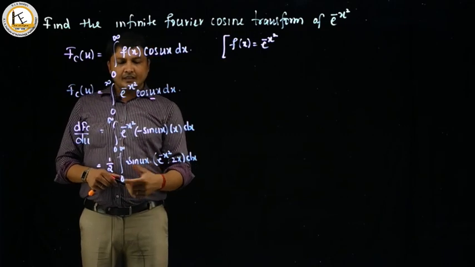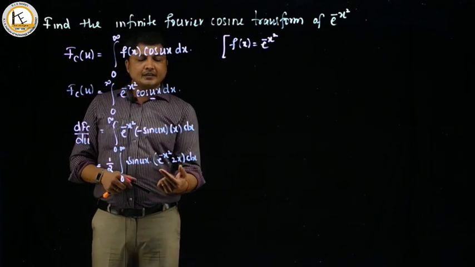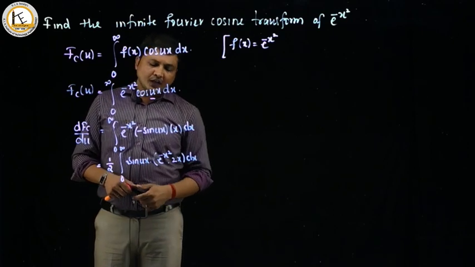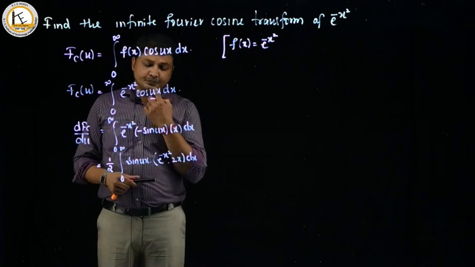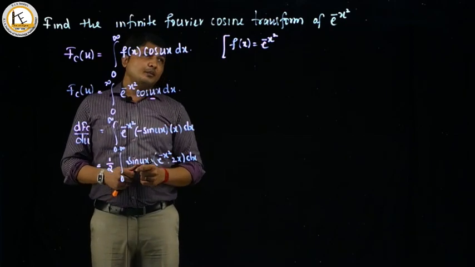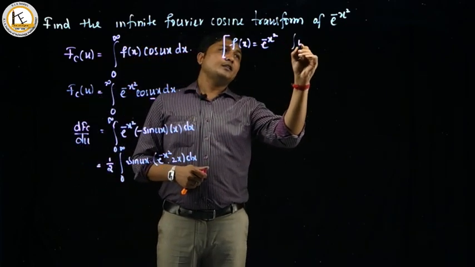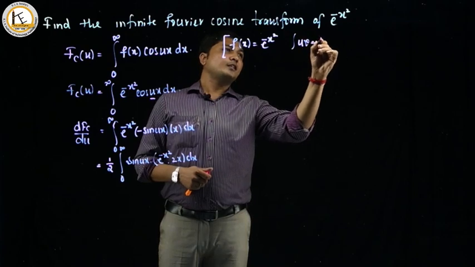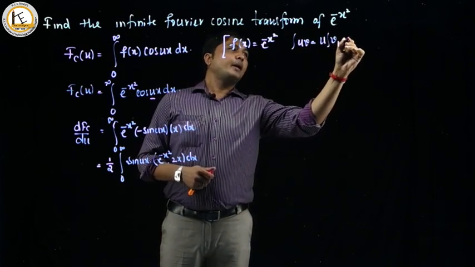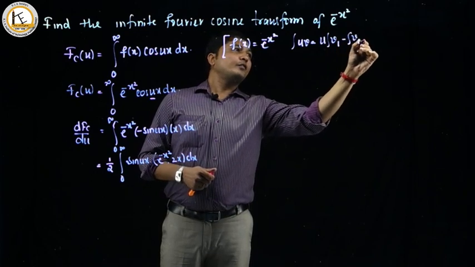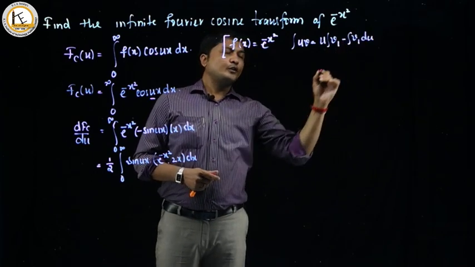So we will take this as u and this as v. We have the integral by parts formula: integral of u into v is nothing but u into integral of v minus integral of the integral of v into derivative of u.